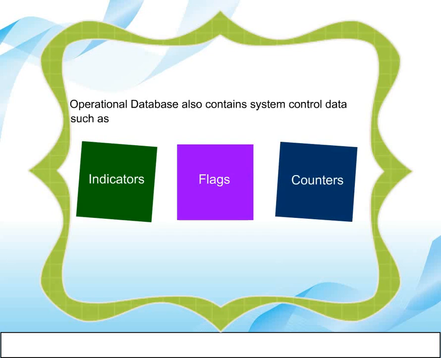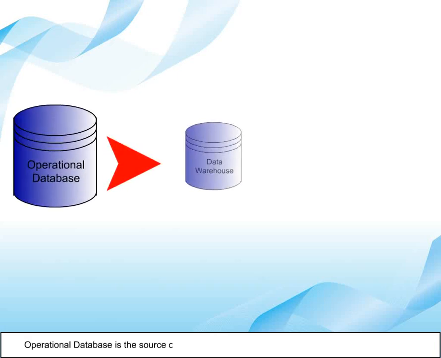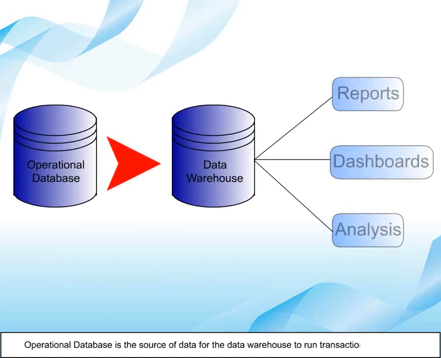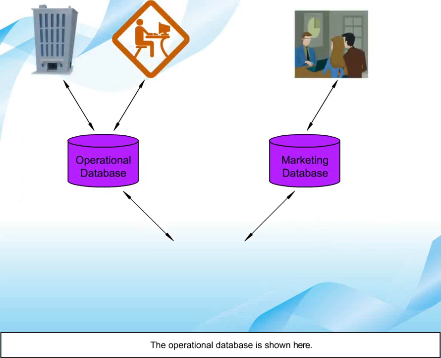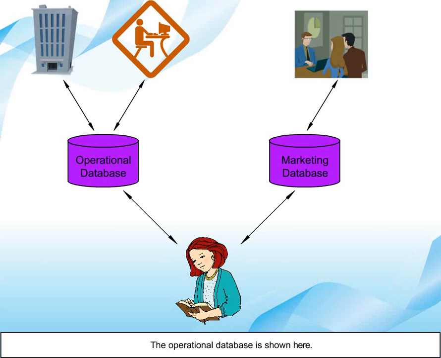It also contains system control data such as indicators, flags, and counters. The operational database is the source of data for the data warehouse to run transactions in business. The operational database is shown here.